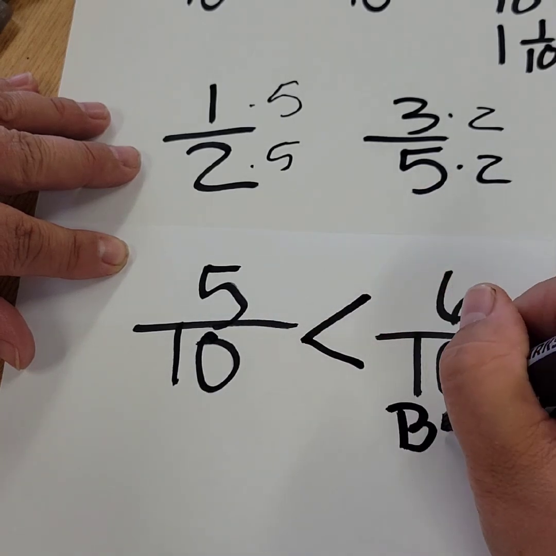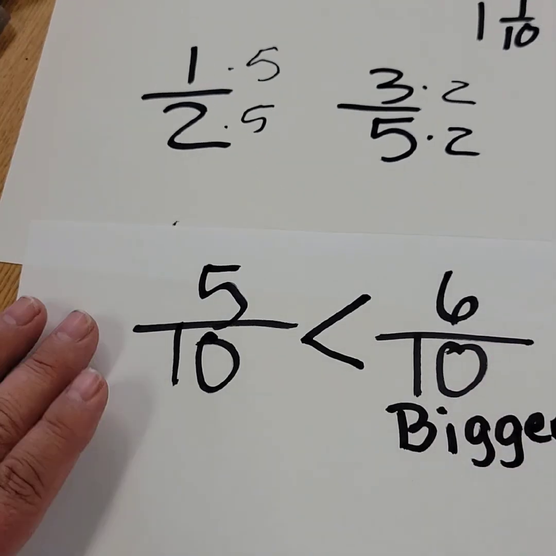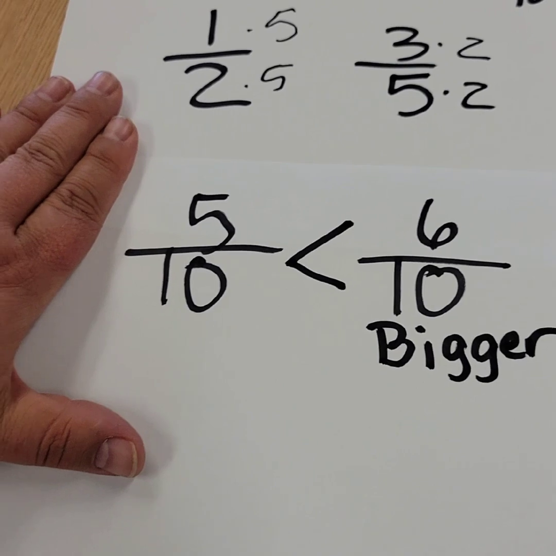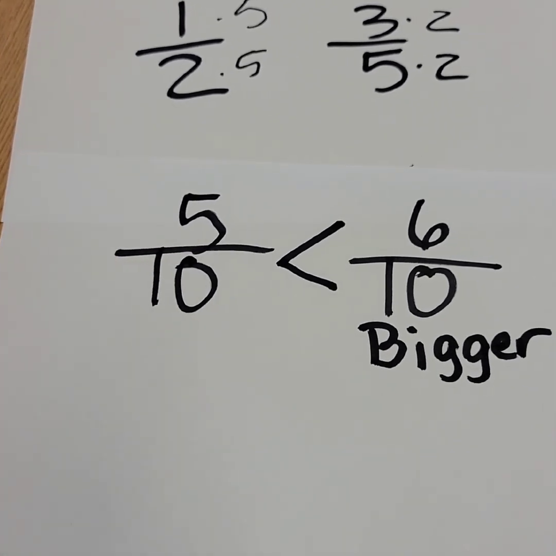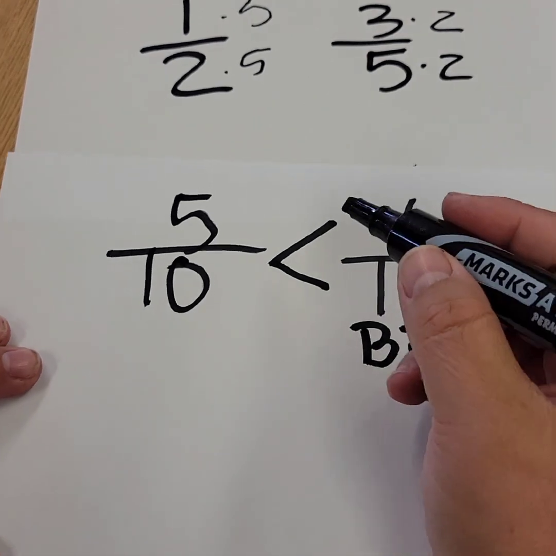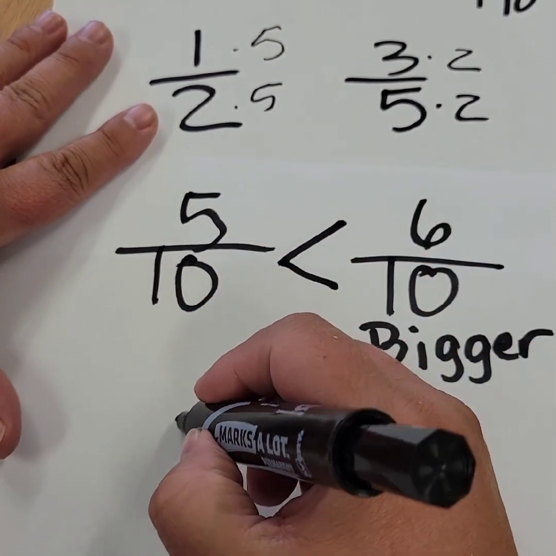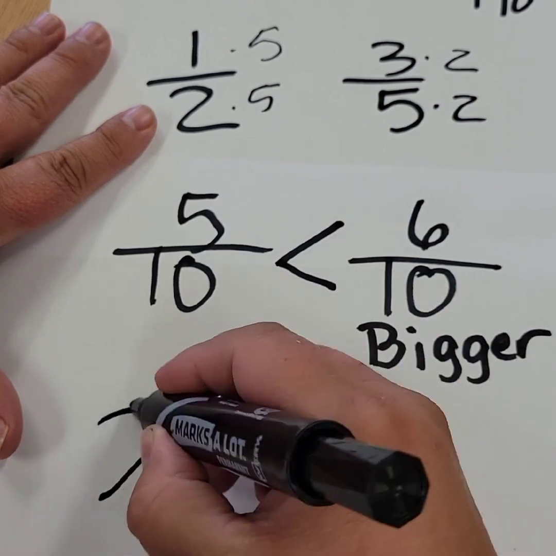But you could also, if for some reason you didn't want to make a common denominator, go ahead and divide these. Okay? So 1 divided by 2.